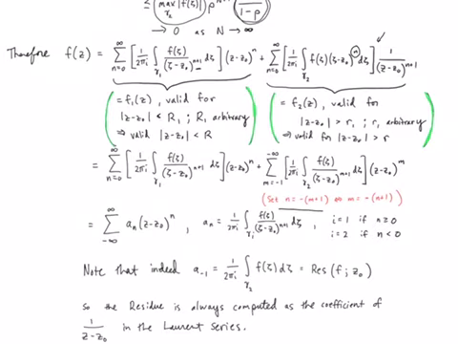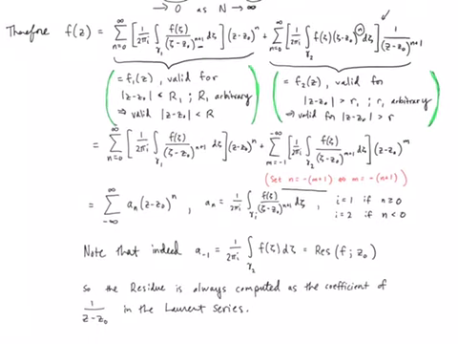All right, so this is going to allow us to have some uniformity between the two expressions, f1 and f2. So setting n equal to negative m plus 1, we get this expression here, right?